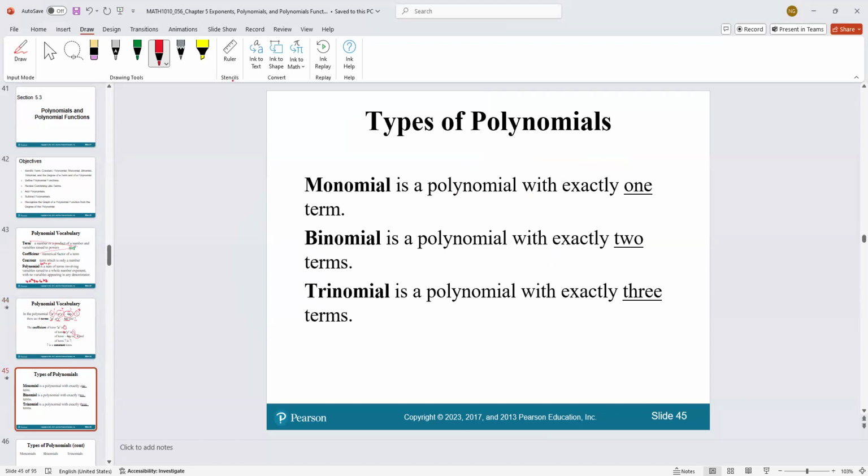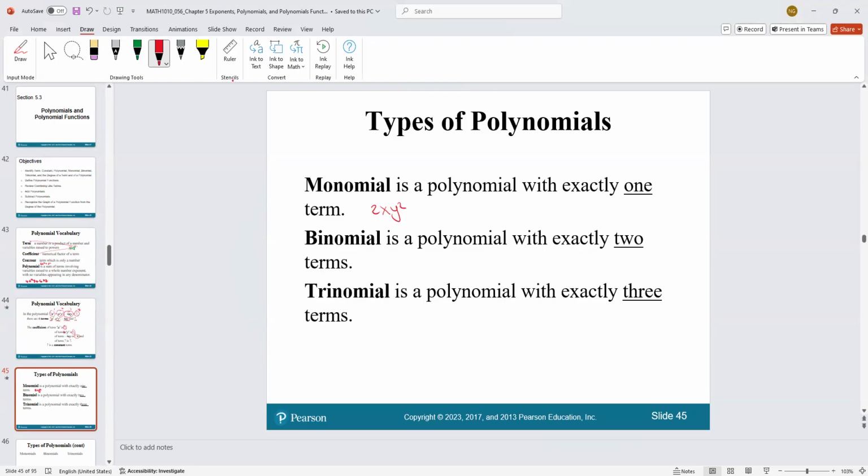Now, for monomials, we have a different one. A monomial is an expression with only one term. So if it has only one term, we call it a monomial. For example, 2xy squared is a monomial. A binomial has two terms.